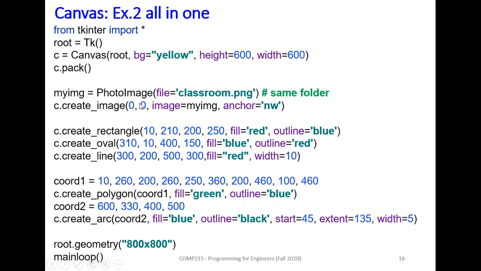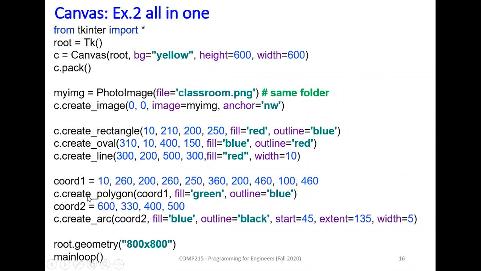Notice the numbers. These points, we keep them apart so they don't end up on top of each other. Okay, fill red, width 10. Now we can use these points, x and y pairs, x0, y0, x1, y1, and put them in a variable, because we want to draw a polygon. So we define a variable called coordinate1 equal first point, second point, third point, fourth point, fifth point, okay?